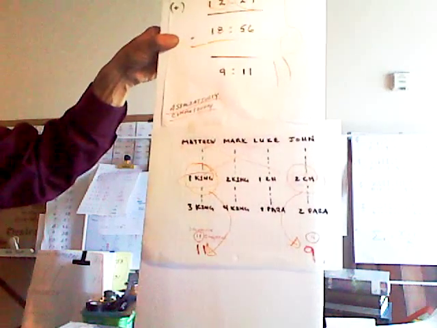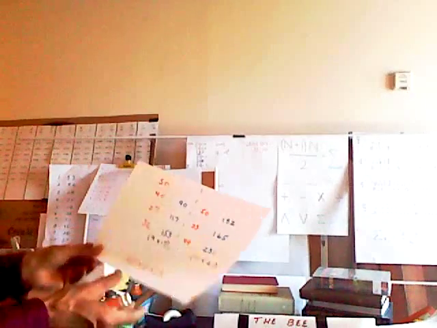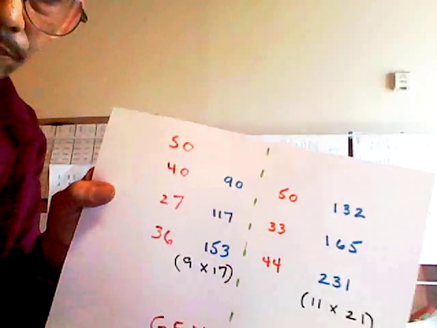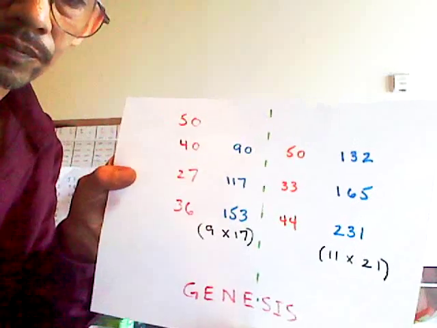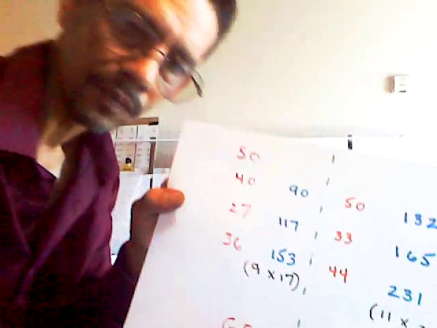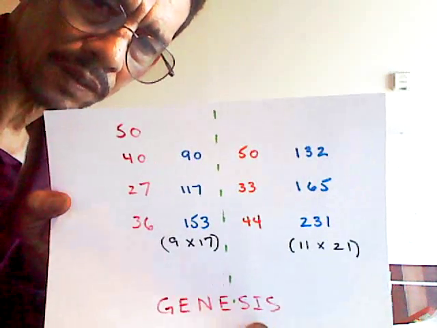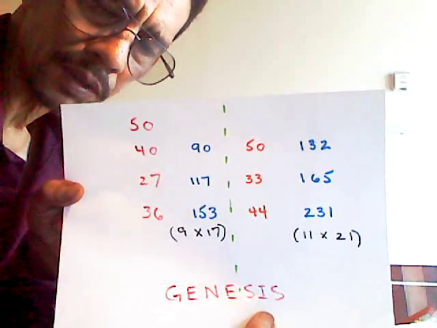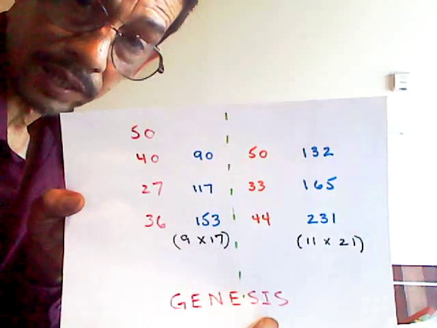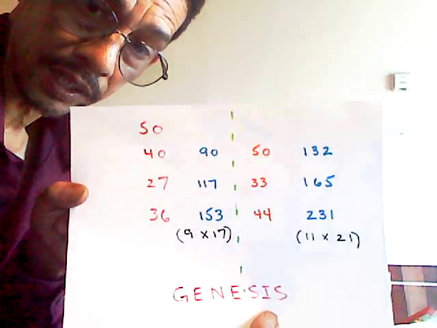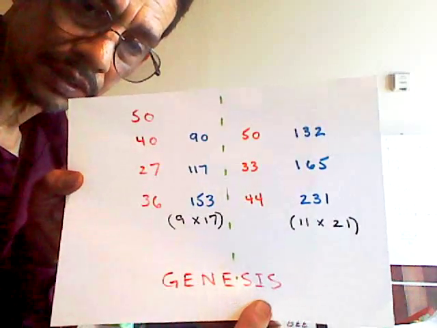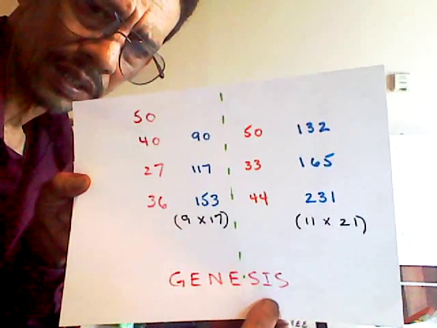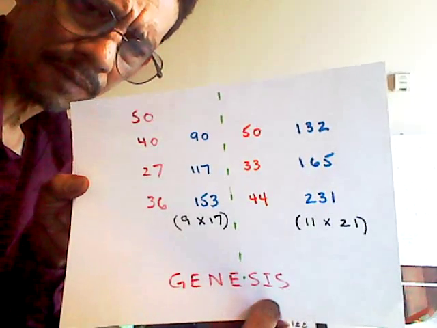And then that 153 just happened to be, we got this where we can be seeing it. There we go. It happened to correspond to the sum if we added Genesis, Exodus, Leviticus, Numbers, and Deuteronomy, we get 153.